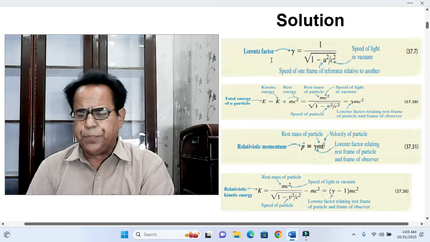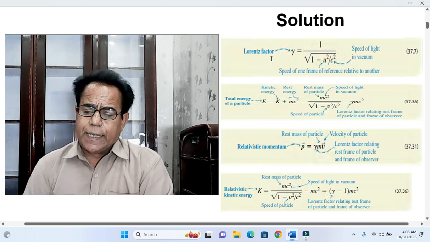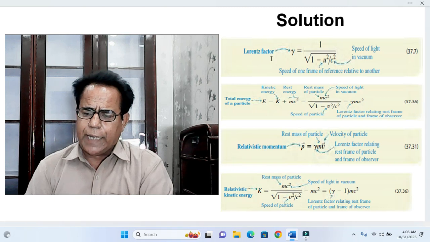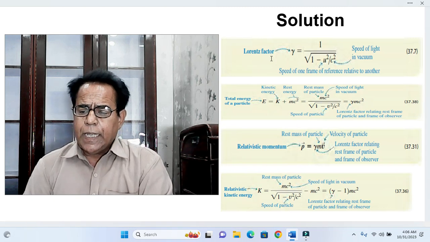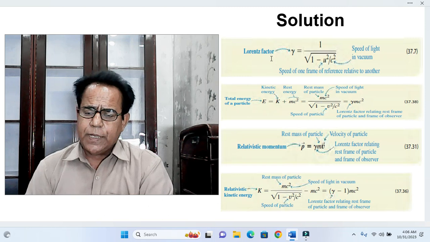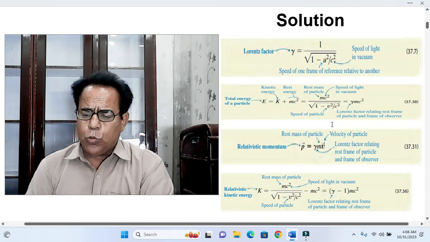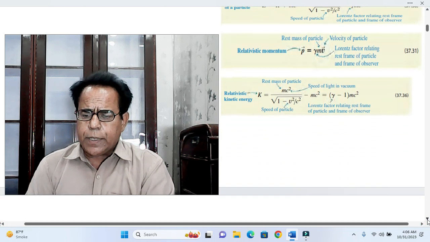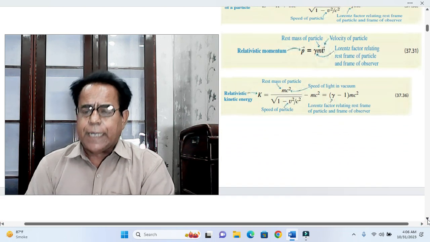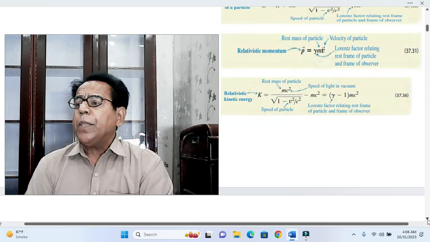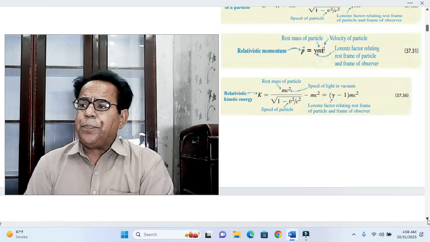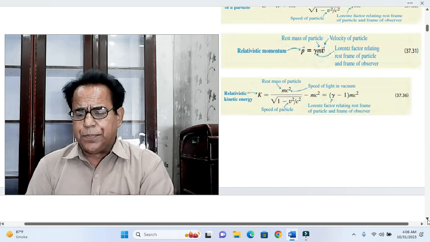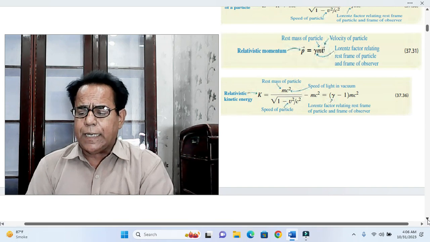The second snapshot is about the total energy of a particle, that is to say kinetic plus rest. The third snapshot is about relativistic momentum. The fourth snapshot is about relativistic kinetic energy. Total energy is equal to kinetic energy plus rest energy, relativistic kinetic energy plus rest energy.